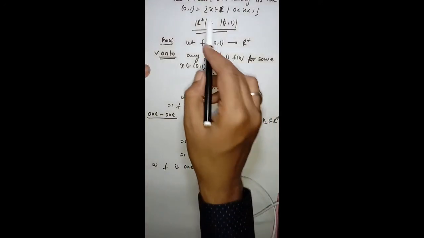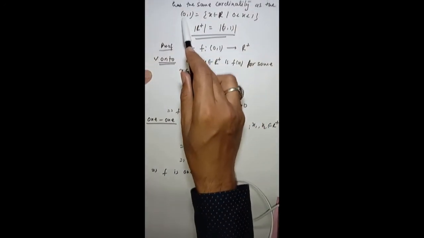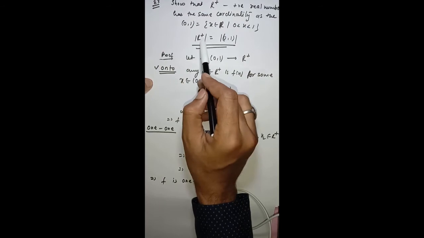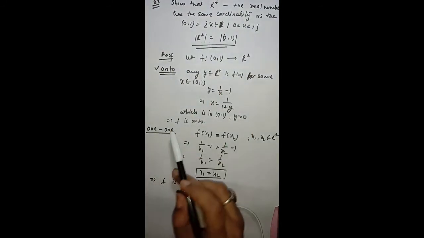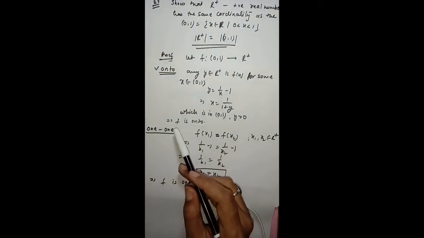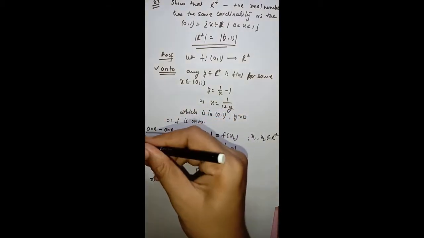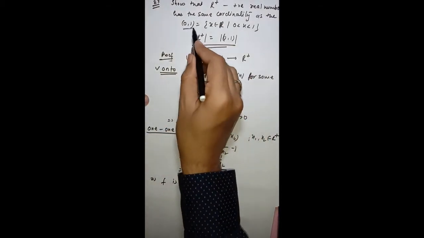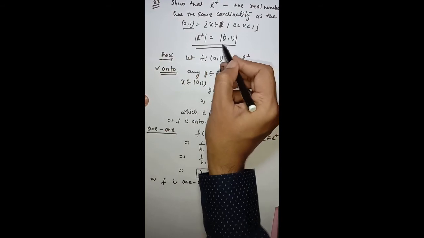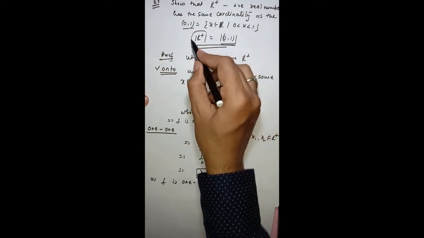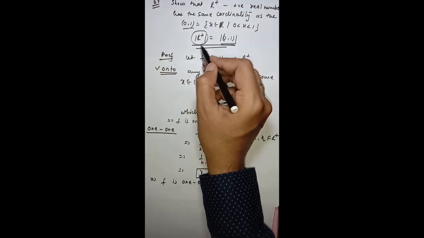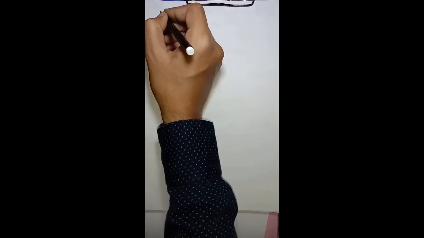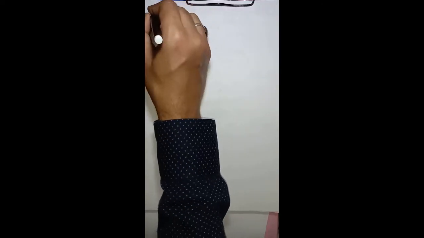Hence the cardinality of the open interval (0, 1) is equal to the cardinality of the set of positive real numbers. Now we have the next problem.